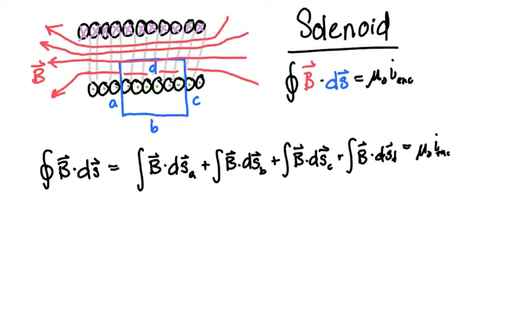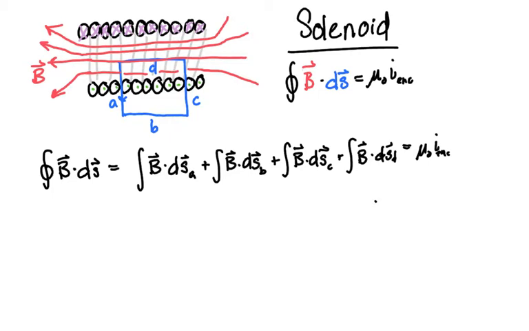Okay, so now we get to look at our vectors. In the case of the first one, our vector ds sub A is pointing in this direction.